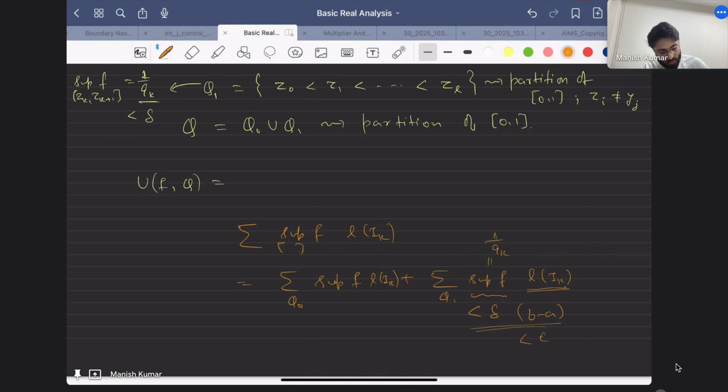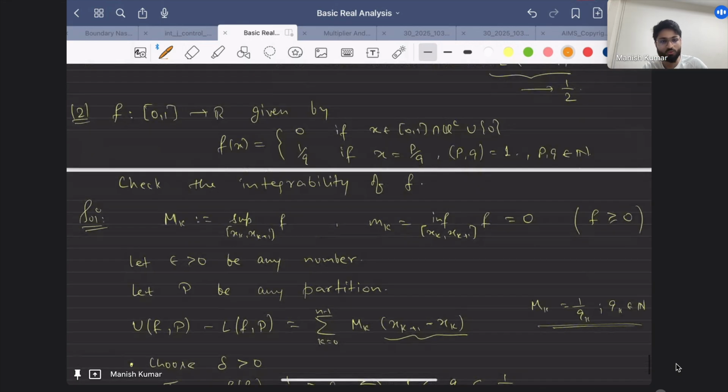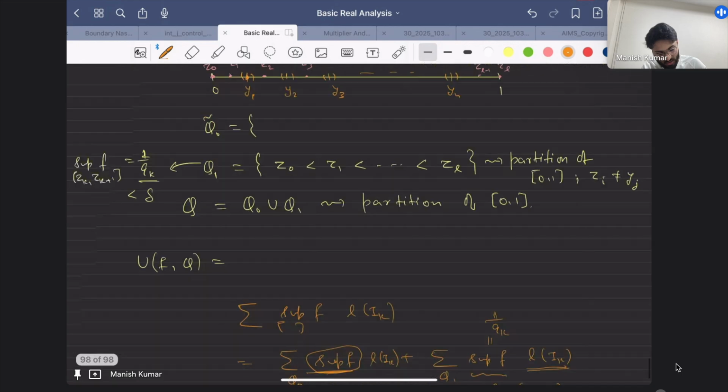Now let's focus on this one. In this case I cannot use the fact that the supremum is small, so that this whole summation is small. So what I'll use is that f is given to be bounded, right? This function f is anyway a bounded function, the way it has been defined, so it is always going to be less than or equal to 1.